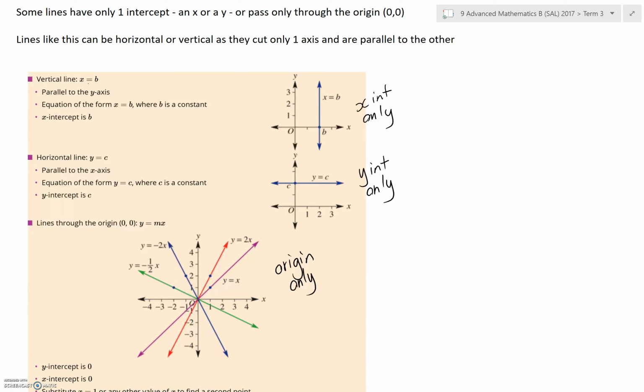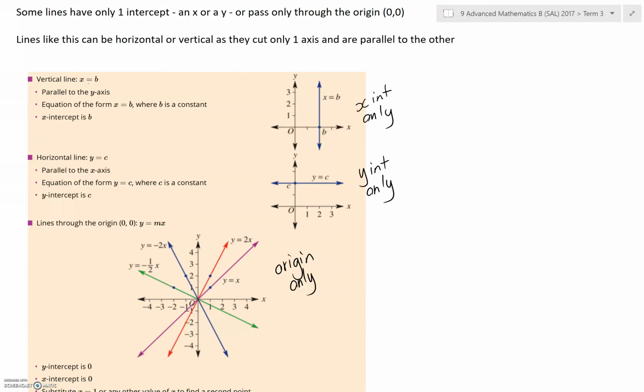That's how you can tell that it only cuts the x-axis: there's only an x variable in the equation. If there is no y variable, it must only cut that axis. It's parallel to the y-axis, so it's never going to cut it. It's going up at the same distance away the whole time.